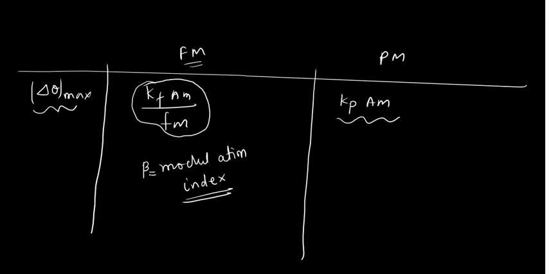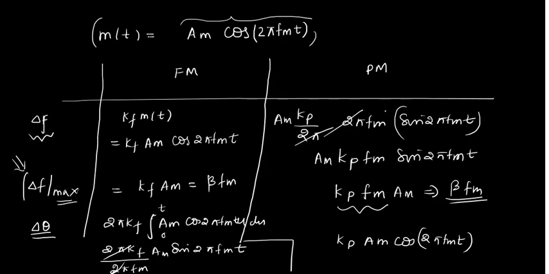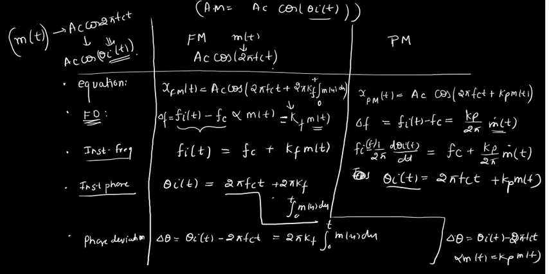So, these are some points which you must remember, and always remember that modulation index is only defined for the sinusoidal type of message signal. Though all these instantaneous frequency, frequency deviation, max frequency deviation, all of this is defined for any arbitrary message signal.